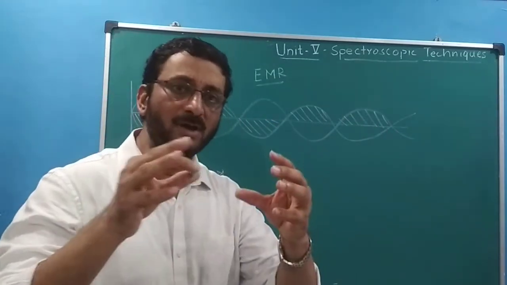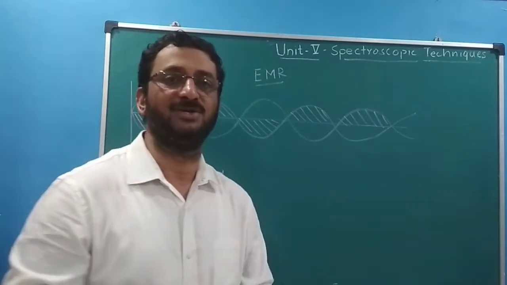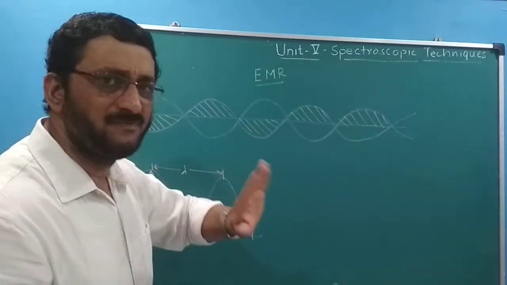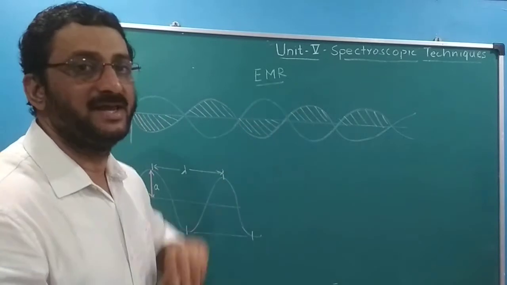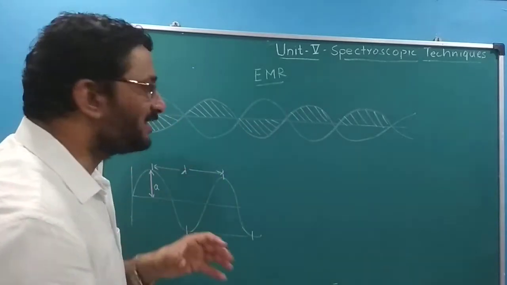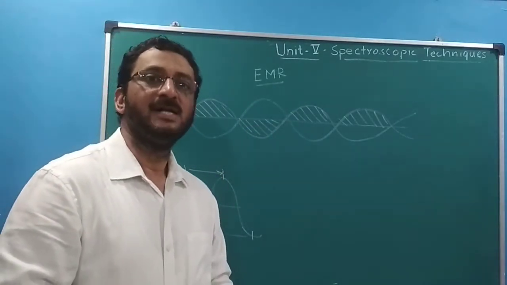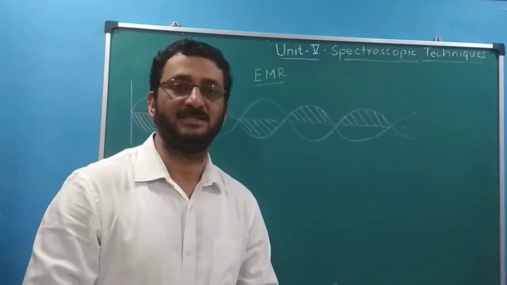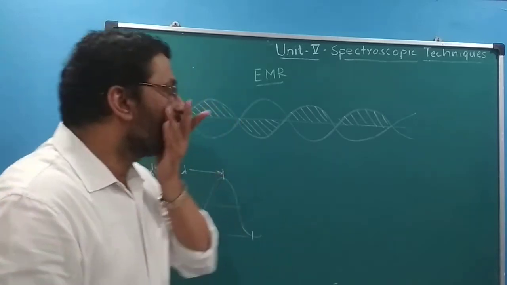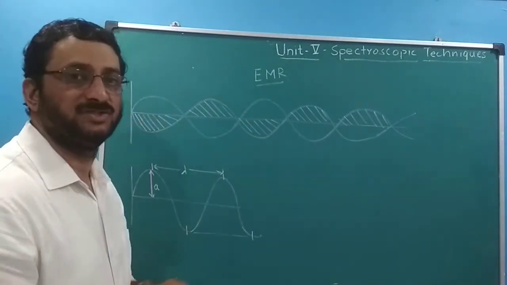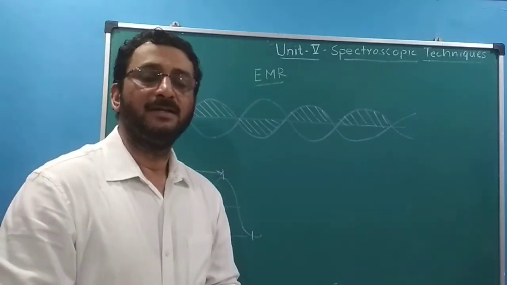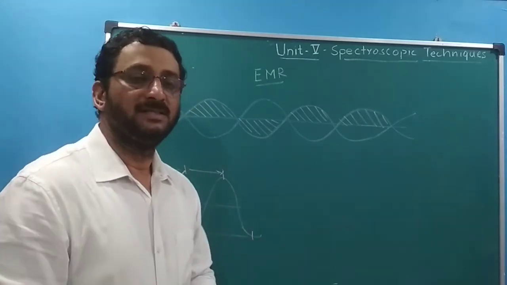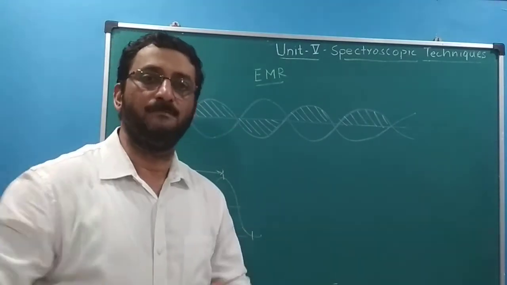Before going to the interaction, let us have a brief idea about electromagnetic radiations. What are these electromagnetic radiations? They are a form of energy that oscillates in space at a very high velocity, and propagates in space in the form of two components.